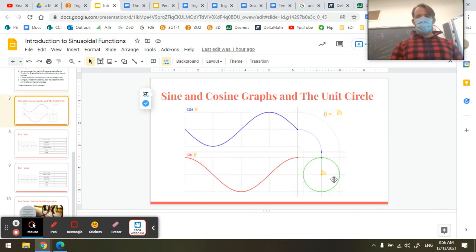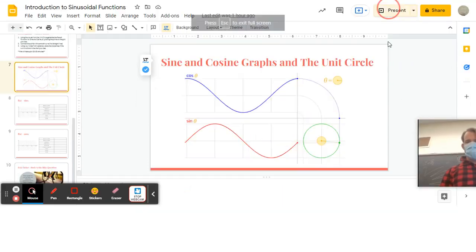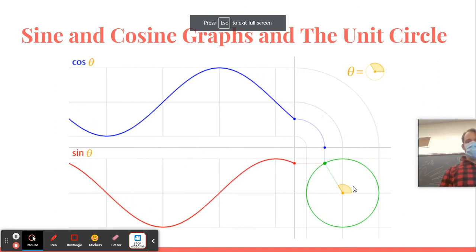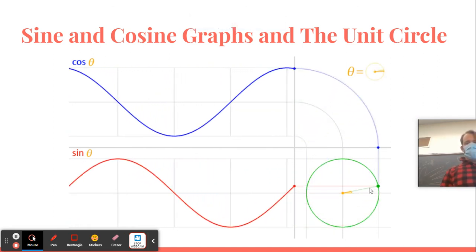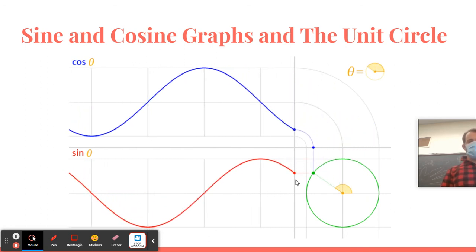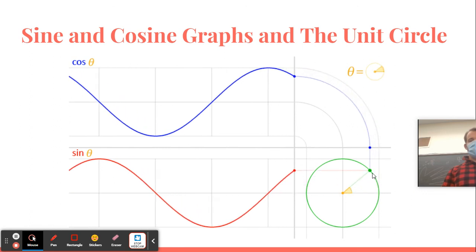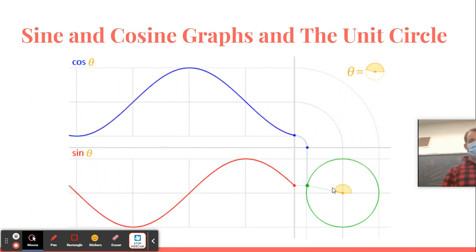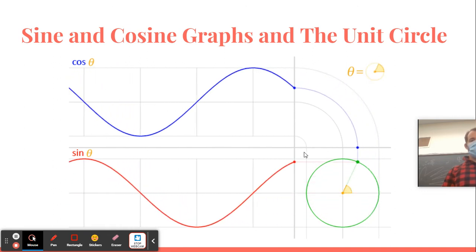So here is a visualization of the unit circle. As the unit circle goes around, if we think about sine as a representation of how high this point is at different points in the rotation, you see the angle is increasing here, and as it continues to increase, the height of that point oscillates.